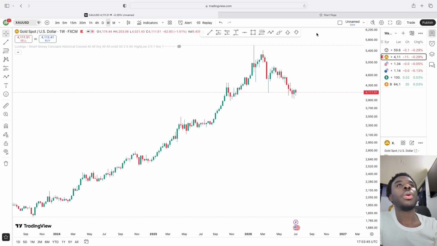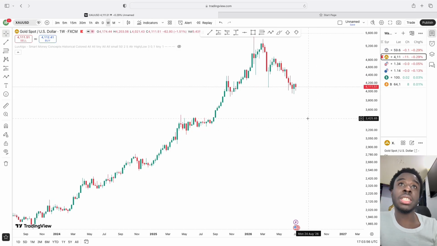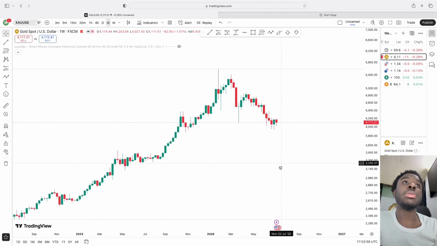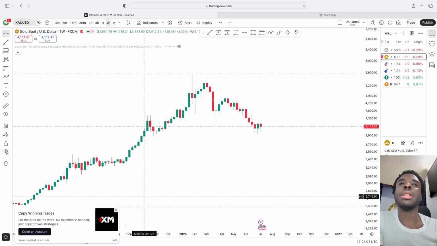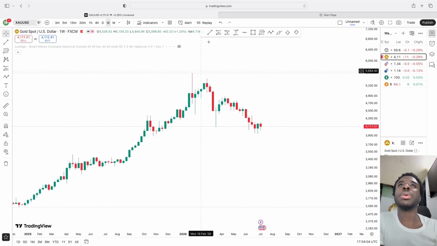So we know that the overall trend of gold is bullish, but the current structure is bearish. The current structure of gold has been bearish for like 3 months or 6 months now.